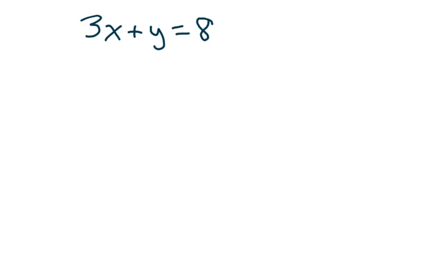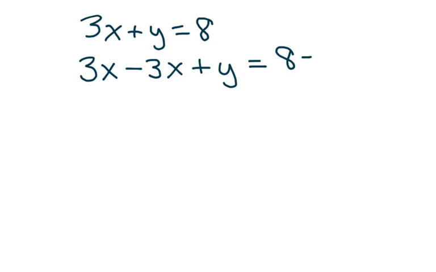So the first one we have is 3x plus y equals 8. Well, what we want to do is, I'm going to do this horizontally. What I'm going to do is subtract 3x from both sides, and I'm doing this horizontally instead of down. So basically what I'm doing is from this equation to this one, I just subtracted 3x from both sides.